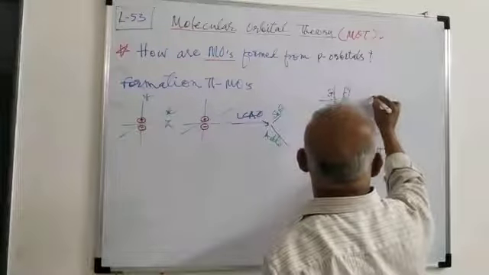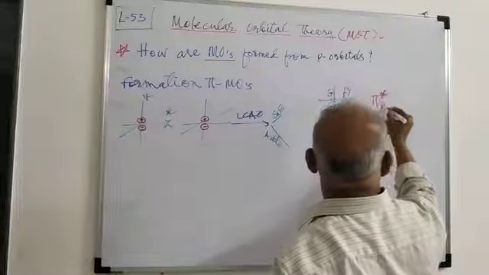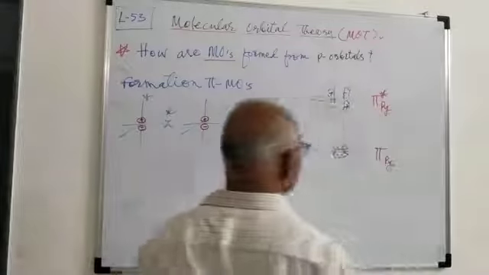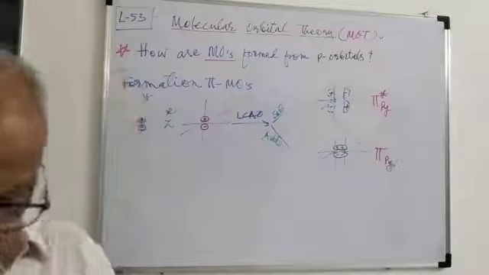So this is pi star py orbital, that is antibonding molecular orbital.